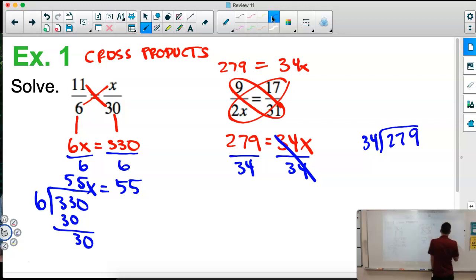Just as a reminder, it's 279 divided by 34, so the denominator comes outside. 34 doesn't go into 27, so really we have to shoot big on this even to solve this one. And again, this is one of those things where you start working it out carefully.